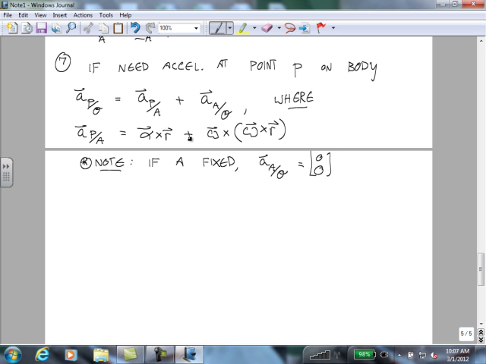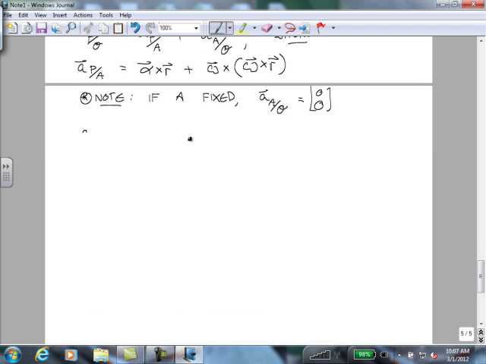Okay, so let's do another example problem. Say that we're looking at this from a top view, and it's like a plank on ice.